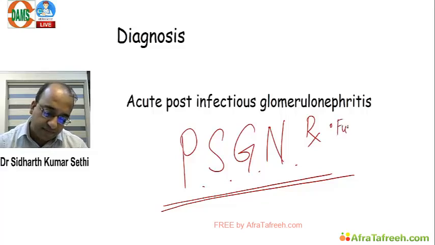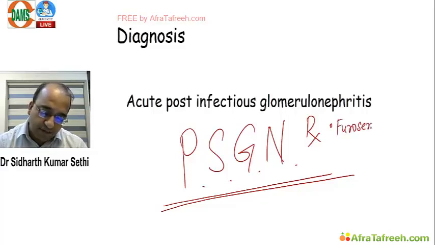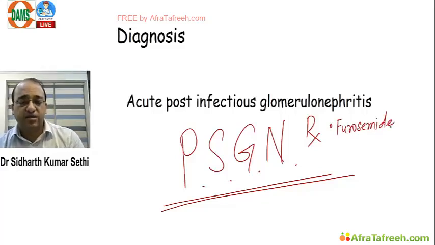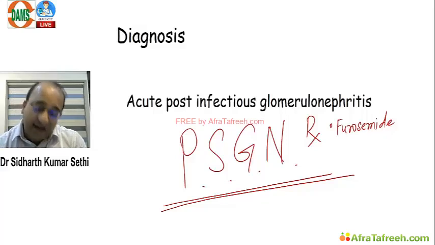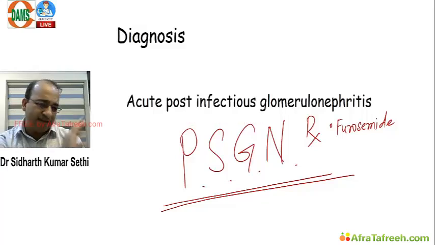Furosemide. So remember students, in glomerulonephritis, the hypertension is because of sodium and water retention. So the antihypertensive of choice here is furosemide. It's not an ACE inhibitor, it's not a calcium channel blocker, it's furosemide here.